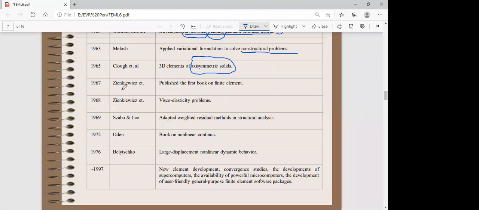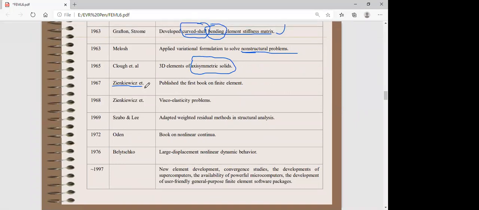In 1967, Zienkiewicz first published a book on the finite element method. Again, in 1968, Zienkiewicz worked on viscoelasticity problems.